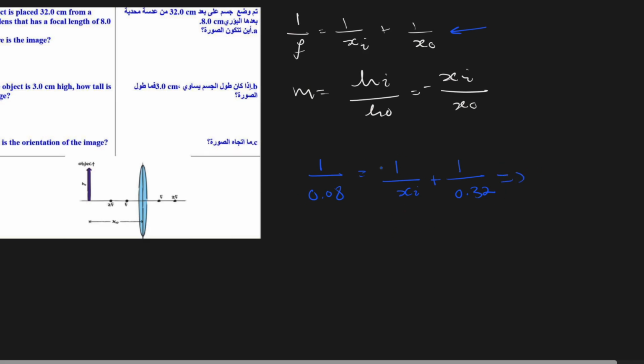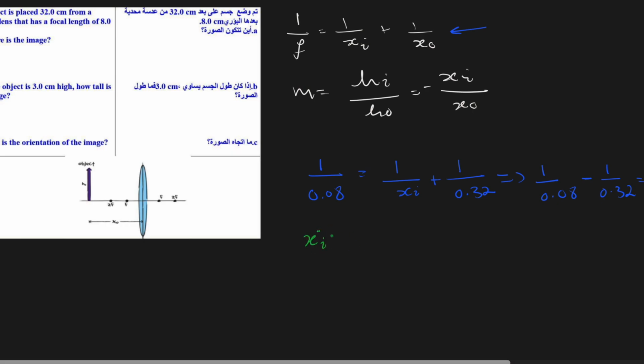Now, if you do this in the calculator, it will take ages, to be honest. That's why I prefer to solve it this way. So 1 over 0.08 minus 1 over 0.32 is equal to 1 over xi. And to solve for xi, we'll just take the inverse.